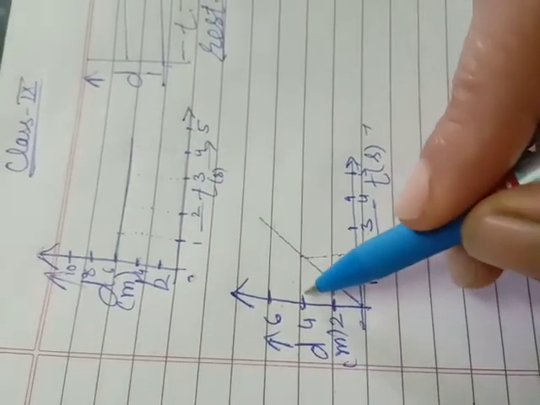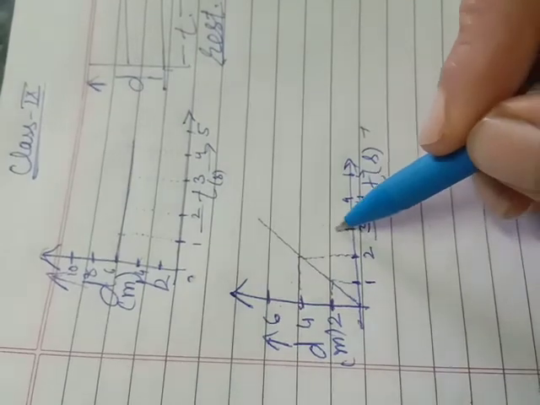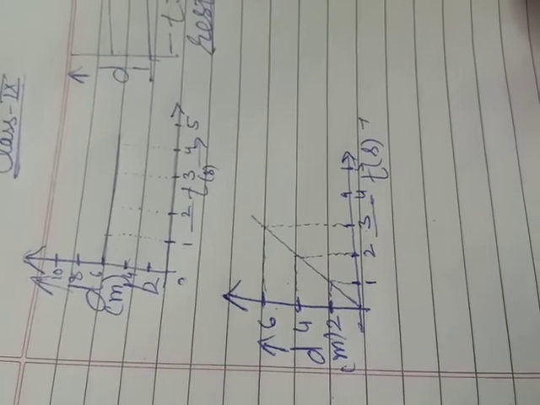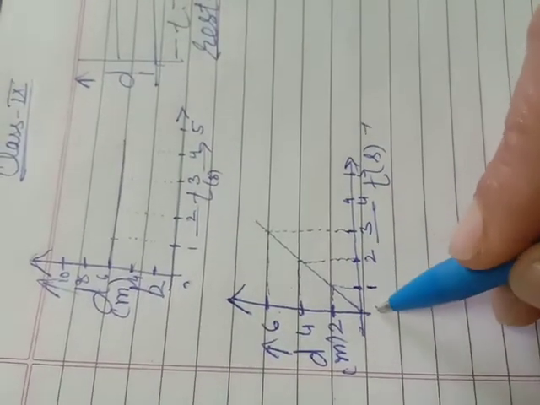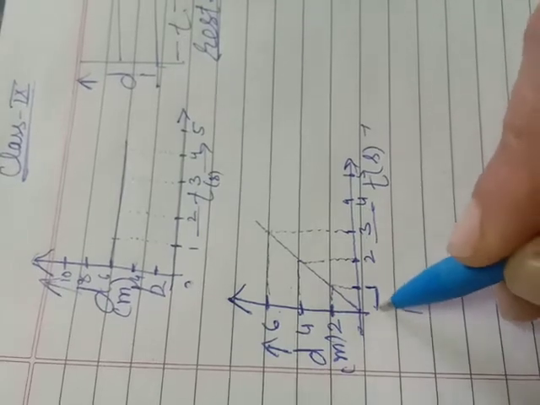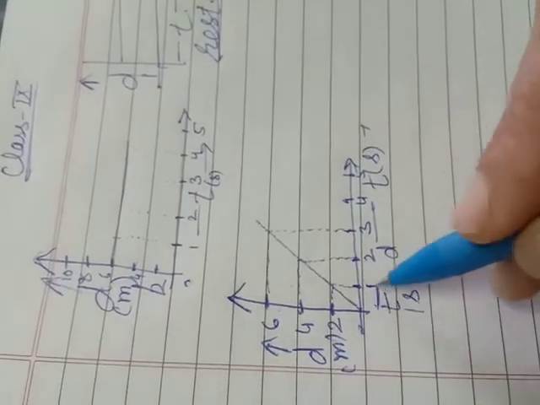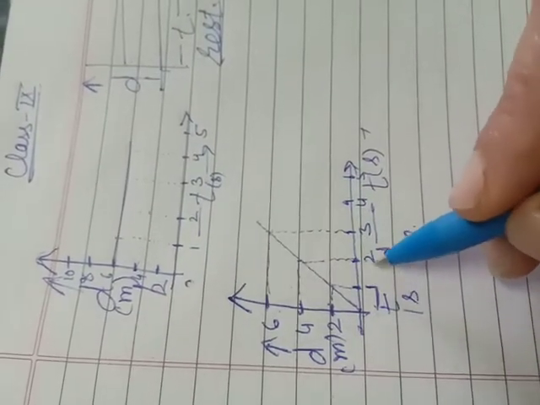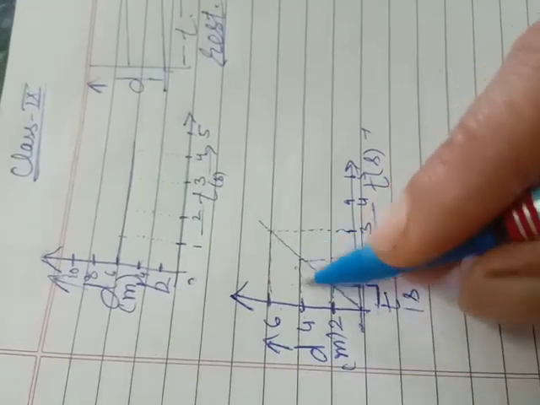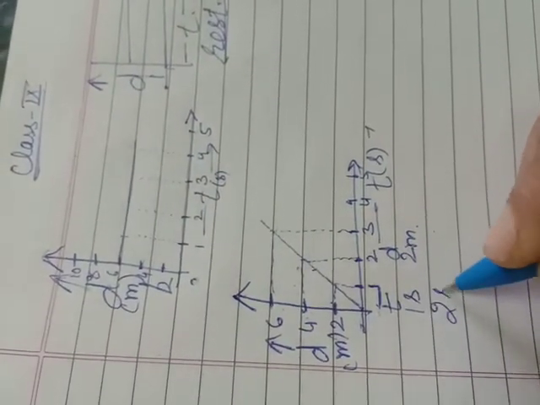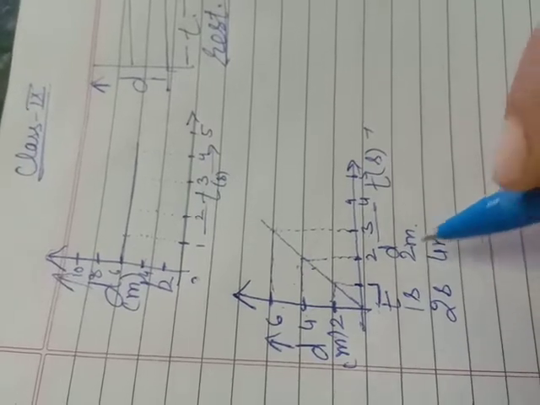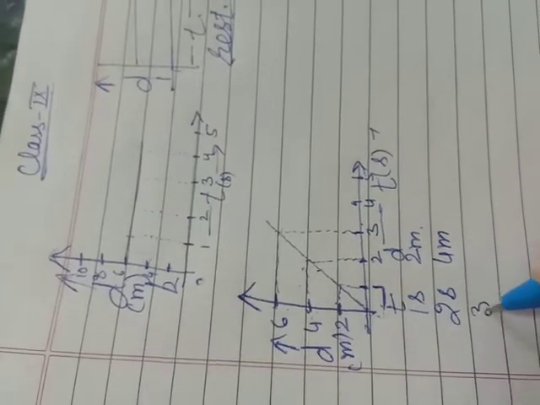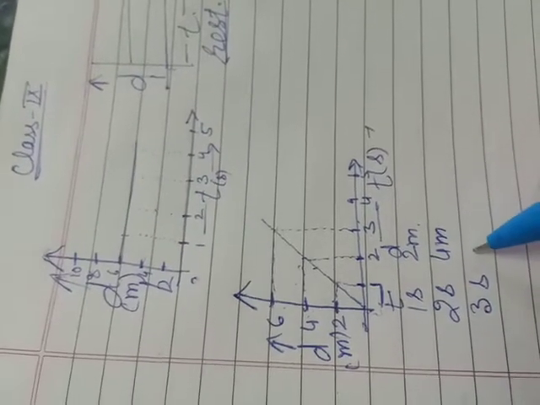When time is 2 seconds, the distance traveled is 4 meters. When the time is 3 seconds, the distance traveled is 6 meters, and so on. So in the first second the distance traveled is 2 meters, at 2 seconds it is 4 meters, and at 3 seconds it is 6 meters.